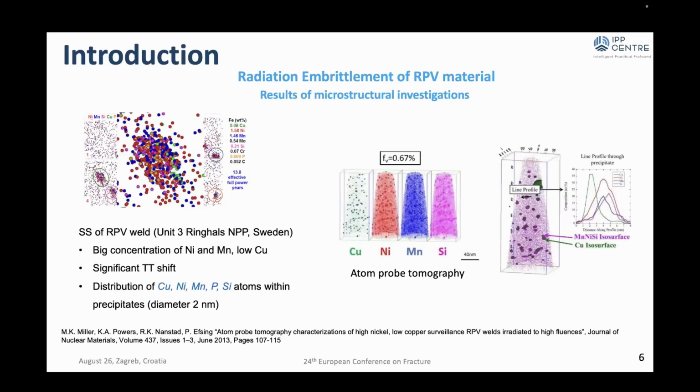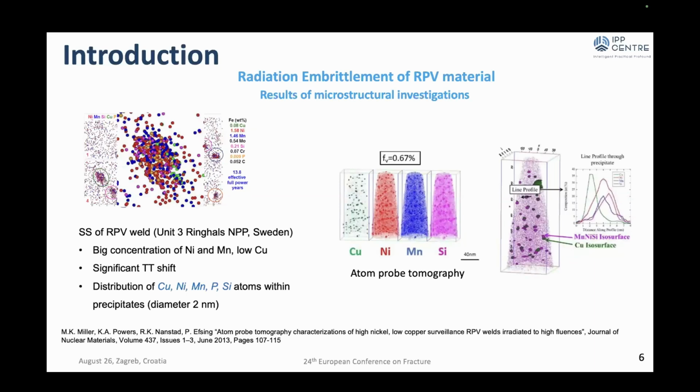So in Western countries, that's Japan and Korea, radiation embrittlement trend equation curves take into account the chemical composition effect. It is well known from microstructural investigations that copper, nickel, manganese, and silicon have an effect on radiation embrittlement and hardening.